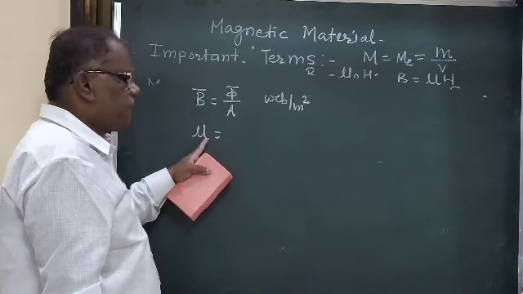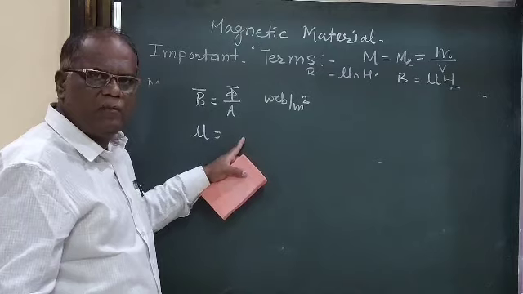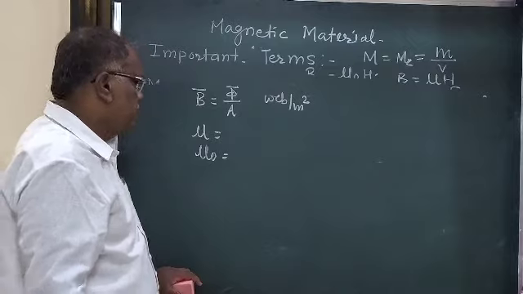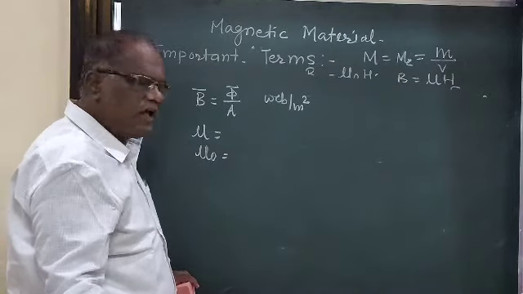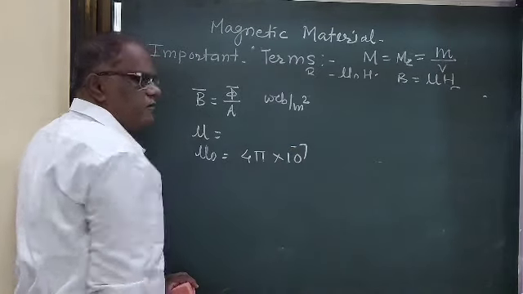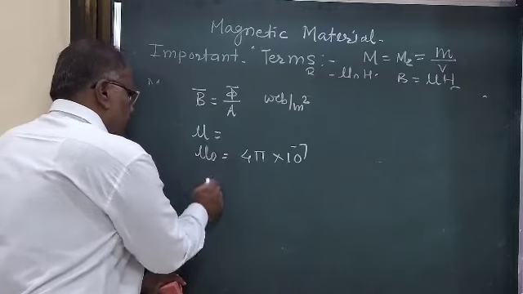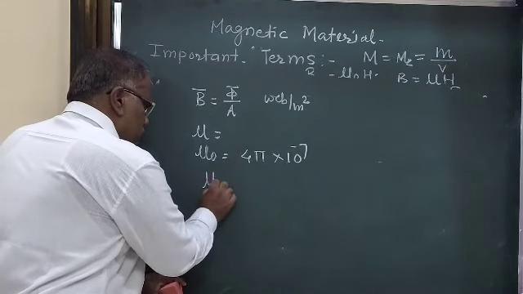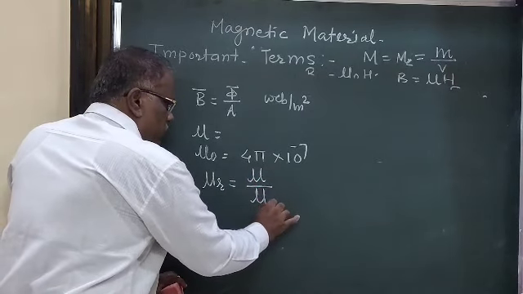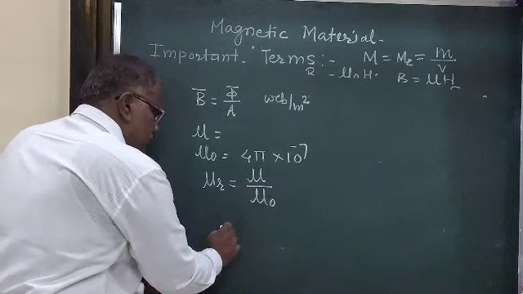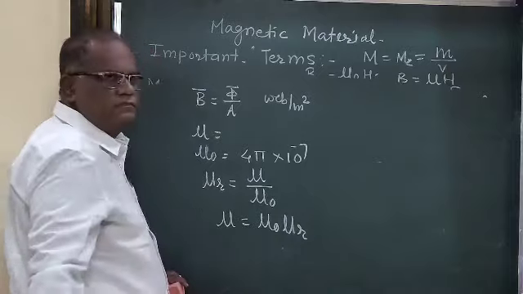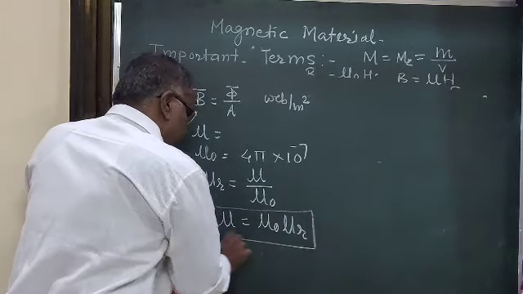Mu represents the magnetic permeability of a material medium. Mu 0 represents the magnetic permeability of free space or vacuum or air. We know that the value of mu 0 is 4 pi into 10 to the power minus 7. The ratio of these two quantities gives relative permeability. Mu r is equal to mu upon mu 0. From this we can write mu is equal to mu 0 mu r.